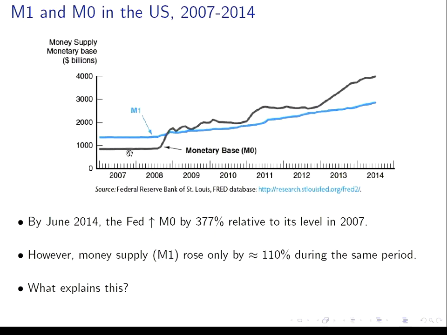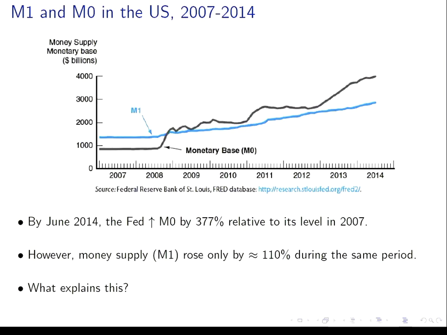This is the monetary base at the start of 2007. This is the monetary base at the end of 2014. So, in line with our theory, the central bank is completely able to influence what the monetary base looks like, right? It has complete control over the monetary base.